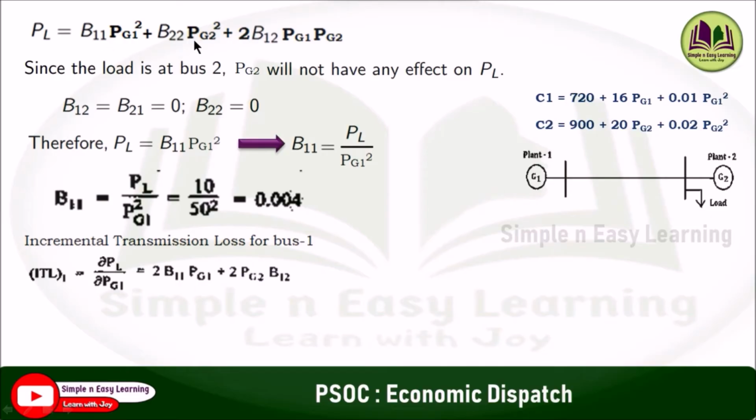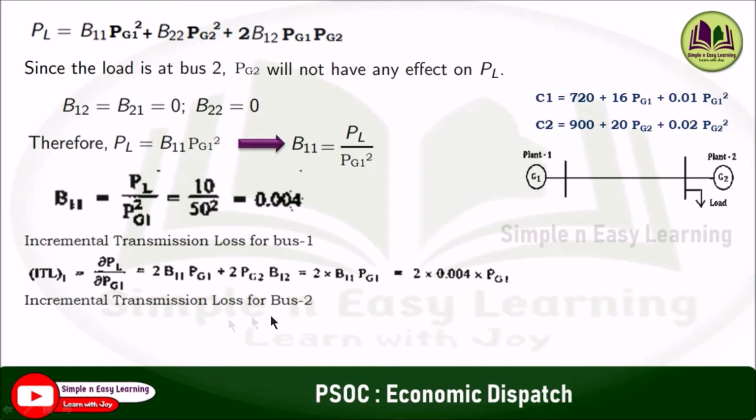The second term has only PG2, so it becomes 0, and the third term 2 B12 PG1 PG2, differentiated with respect to PG1, becomes 2 into PG2 B12. Substituting B12 equal to 0, you get 2 into B11 PG1, and with the B11 value from the previous step, 2 into 0.004 PG1. This is the incremental transmission loss for bus 1.